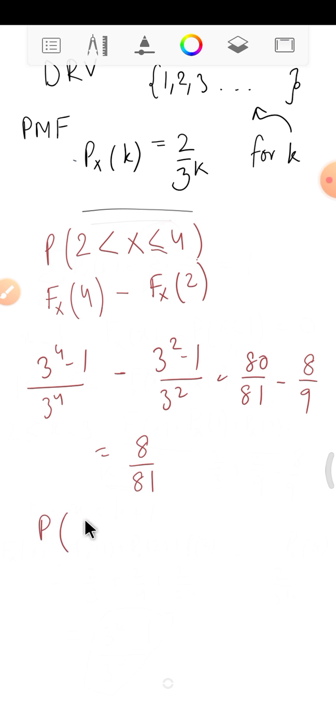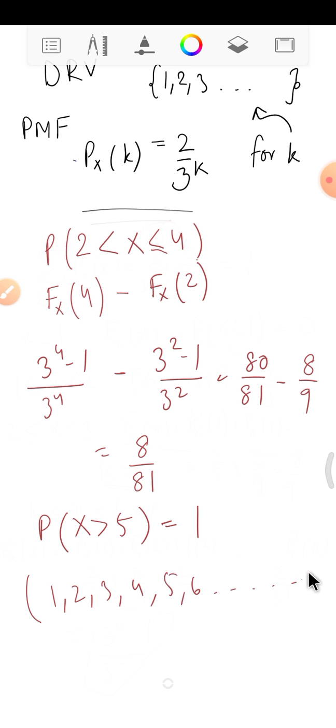Next, one can also ask you a question: P of x greater than 5. You can pause the video and solve it yourself. To solve this, suppose there's a range like 1, 2, 3, 4, 5, 6 and so on. You are asked to find the probability of this part, and you know that the total probability sums up to 1.